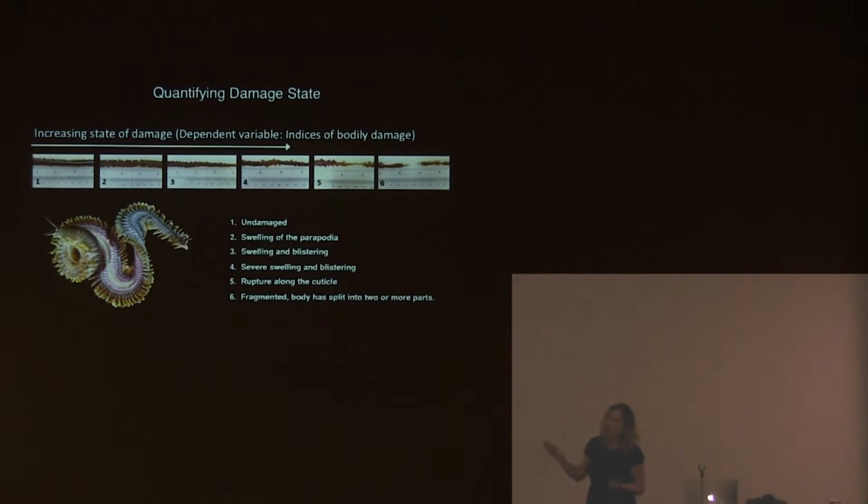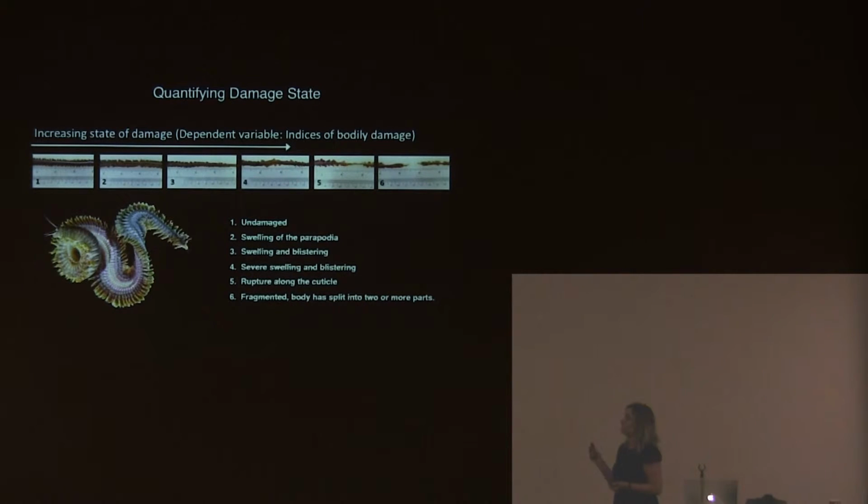So first of all, how do I quantify state of damage on freshly killed invertebrates? For this I devised an index of bodily damage. What you see is that the polychaete, once it's freshly euthanized, goes through a series of damage states. You start off at 1, when it's just been killed and is undamaged, and you end up at state 6 when it becomes fragmented and the body splits into 2 or more pieces.